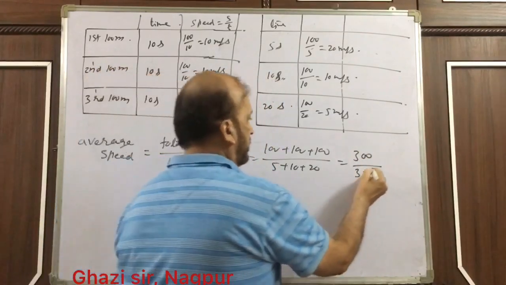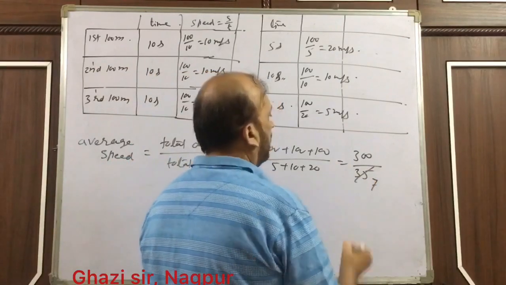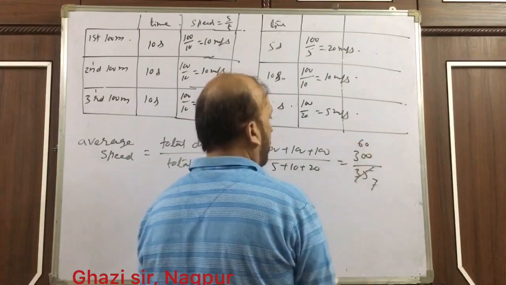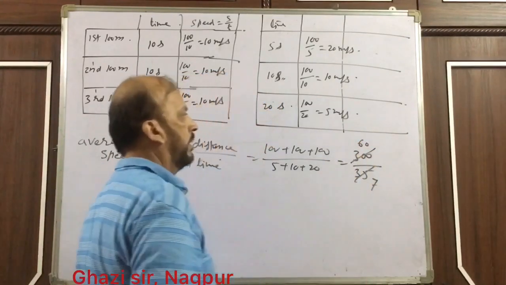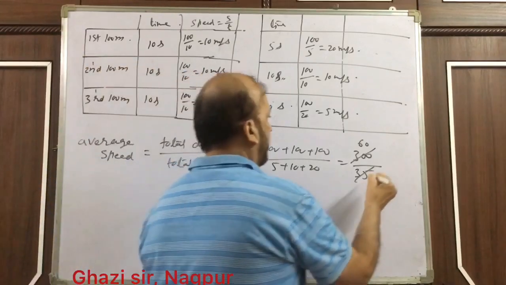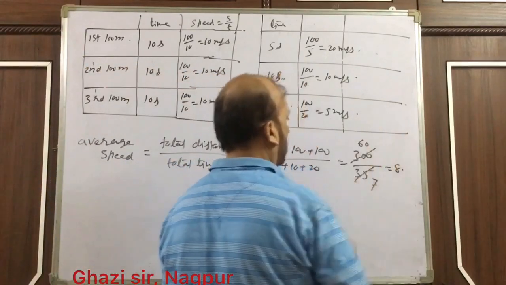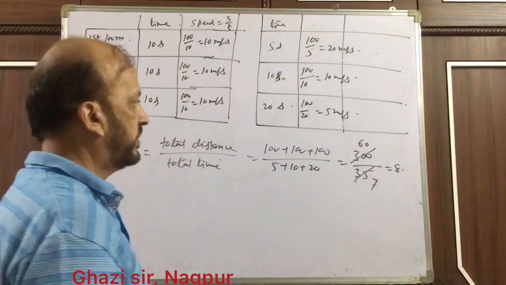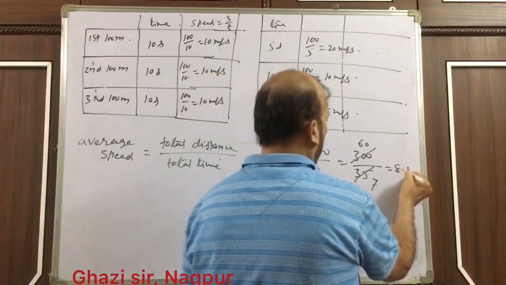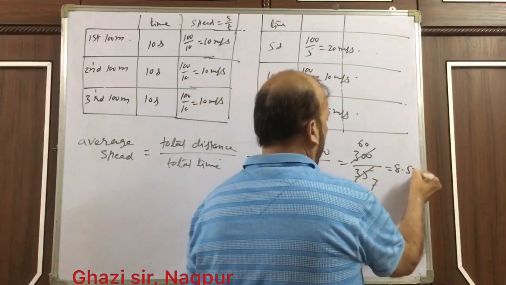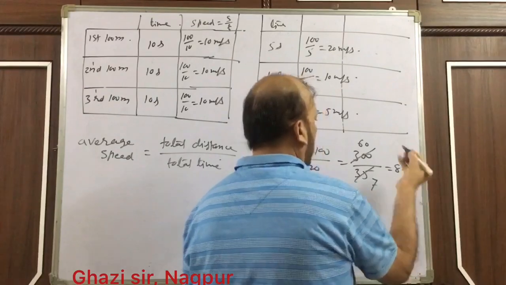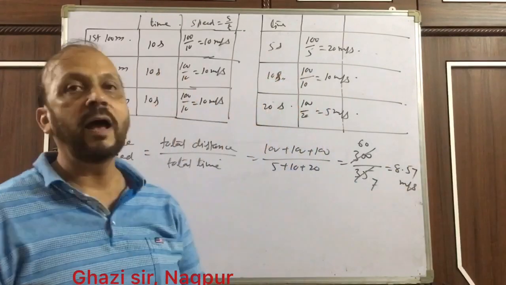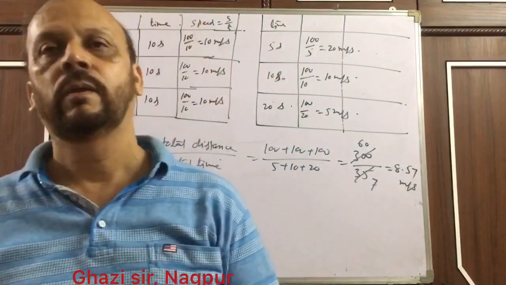So 5 7s are 35, 60 upon 7. So 8 7s are 56, 4 left, 7 7s are 49. So 8.57 meter per second is the average speed.